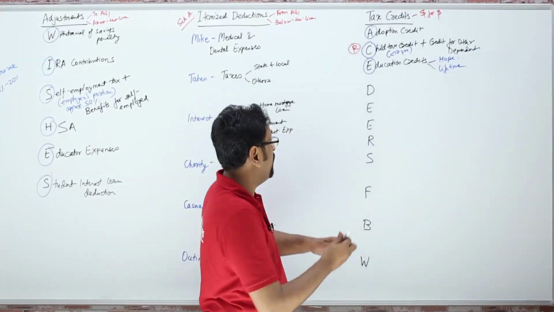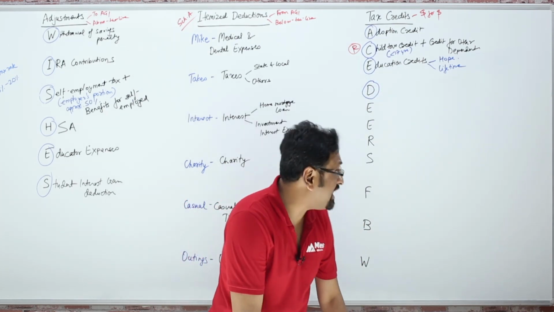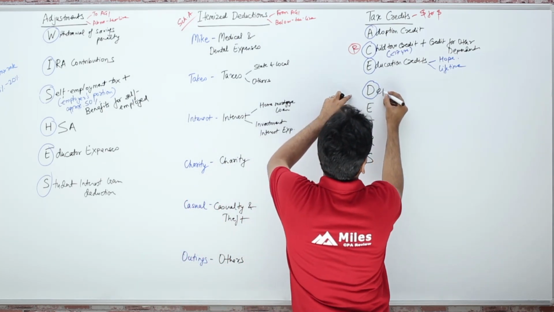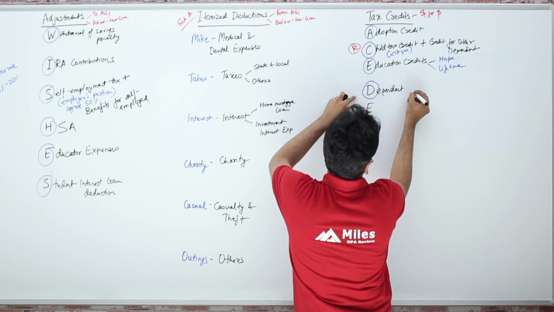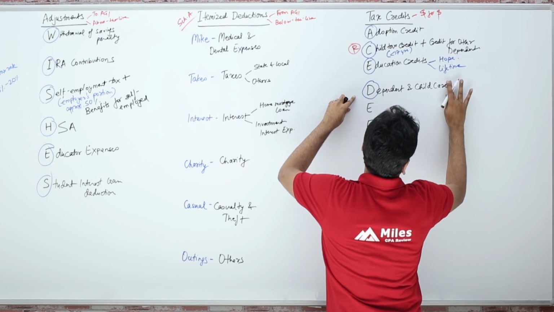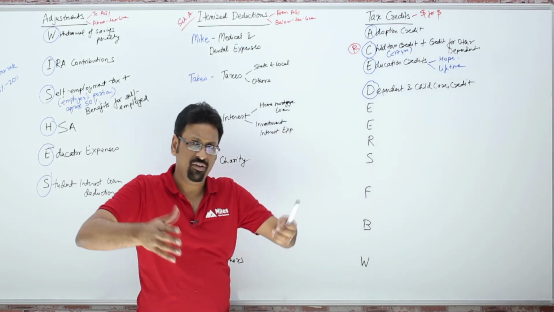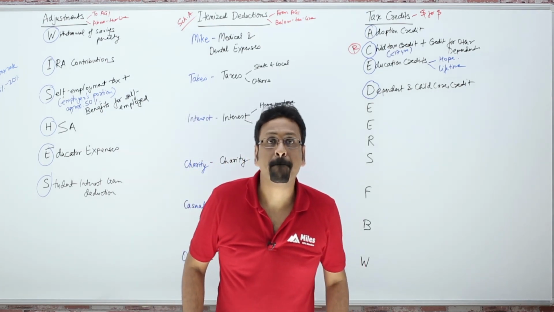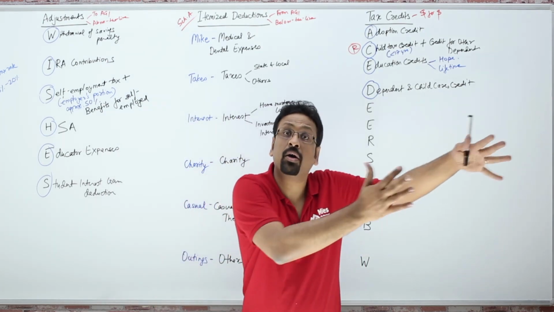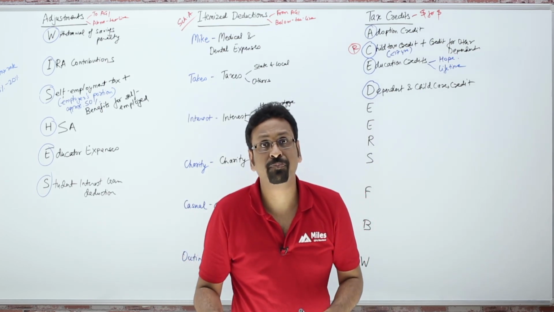The D of DEARS is Dependent and Child Care Credit. Let me put that here. Let's say you have a small child, a kid, and you want to go to work. To take care of the kid, you hire a babysitter.